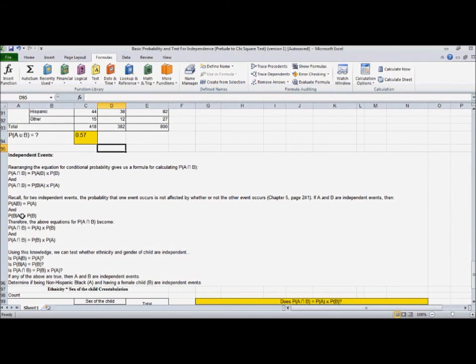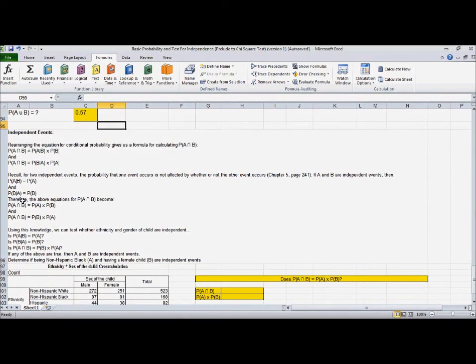Now, with independent events, the probability that one event occurs is not affected by whether or not the other event occurs.